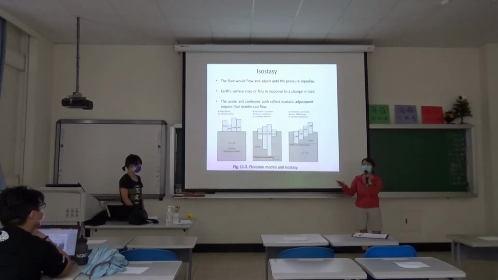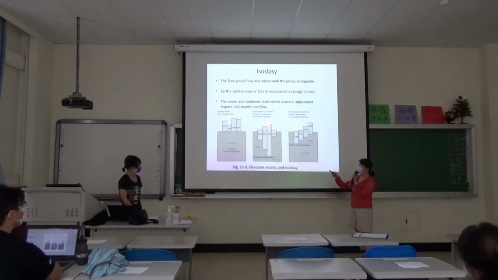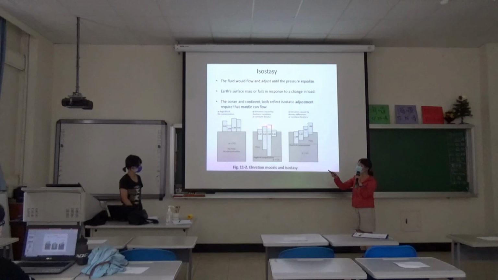And actually, this model also tells you an important concept. On the continent, the place where you see high mountains, like this is a high mountain and this might be the coastal plain, for example. The place with a high mountain also has a deep root. In other words, it's a little bit like an iceberg.